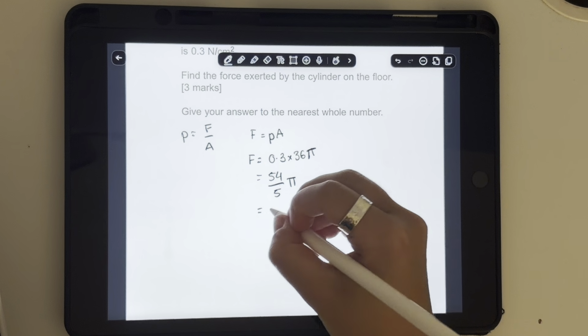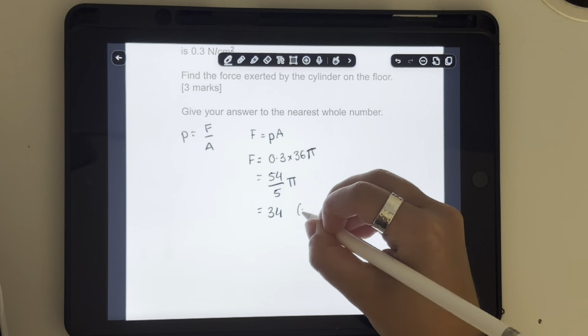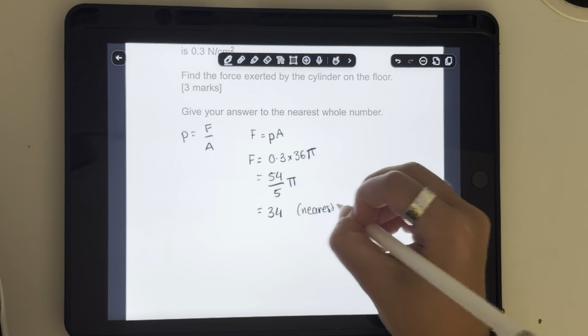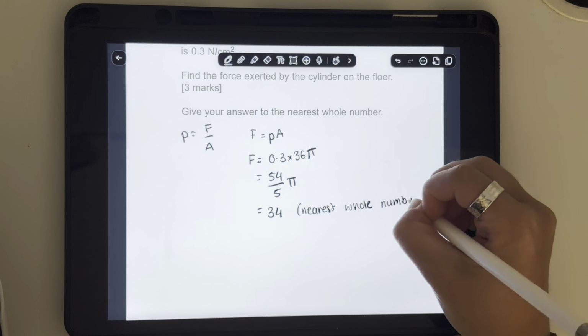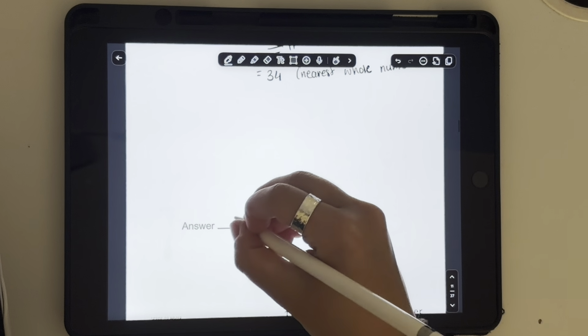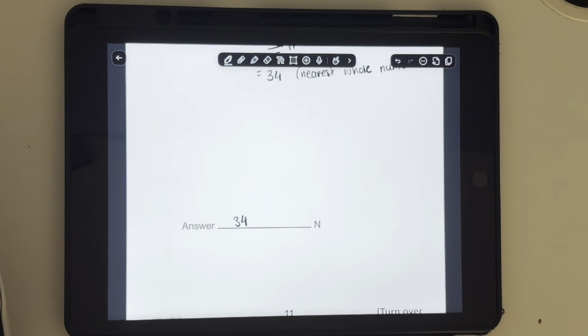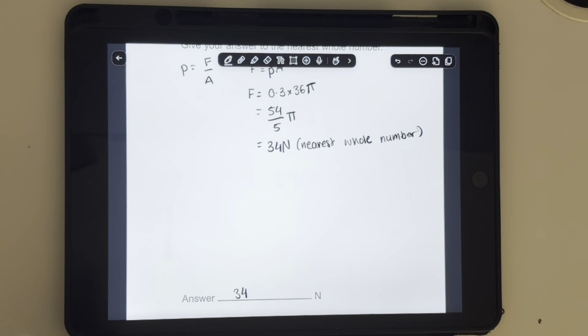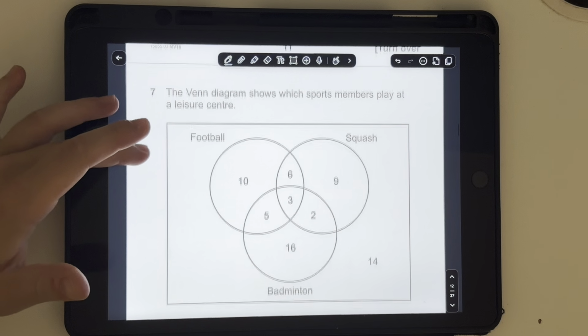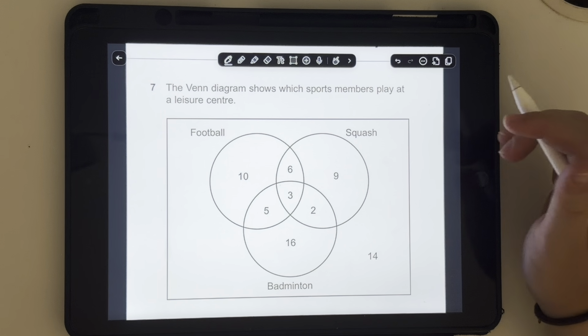But it wants it to the nearest whole number, which is 34. No, I have no idea if that is going to be right or not, because I do not remember if I've got the formula right, but we're just going to go with it, boys.